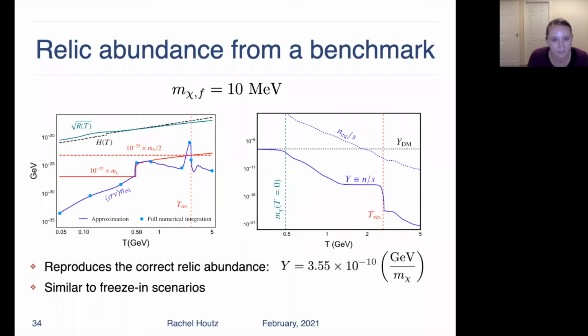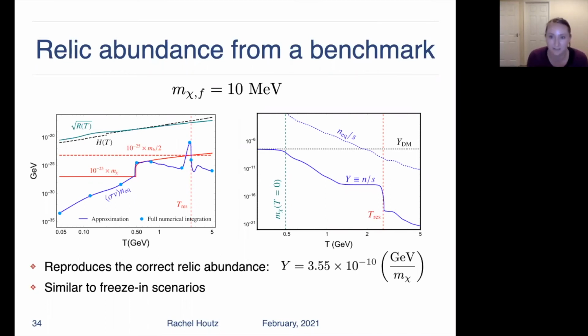If you look at the plot on the left, you can see there's this big bump on the resonance, but there's also this shoulder. For this specific benchmark, the shoulder is pretty pronounced. It reflects the fact that as the mass is changing, the equilibrium number density of the dark matter is changing.